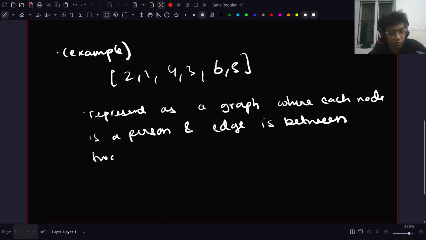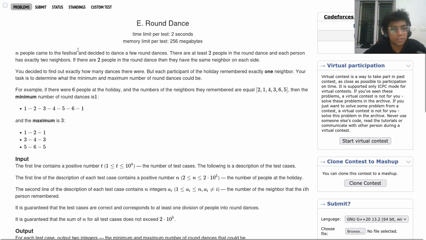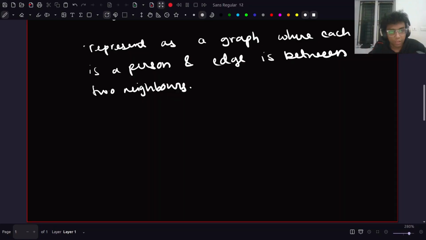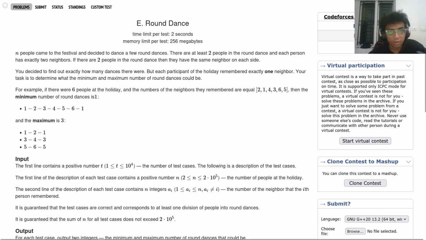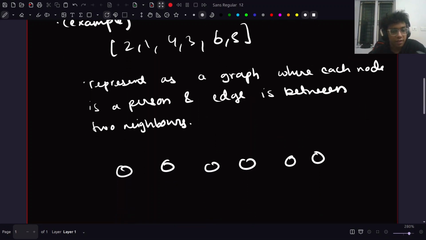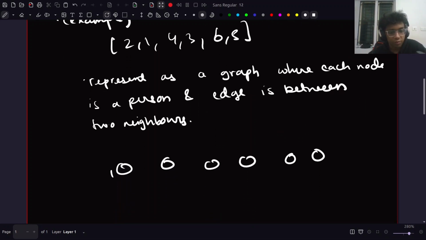Note that there are at least two people in each round dance, and each person has exactly two neighbors, so we don't need to worry about a person having more than two neighbors. It's going to form a graph which looks something like this. Let's say there are these 6 people: person 1, person 2, person 3, person 4, person 5, person 6.